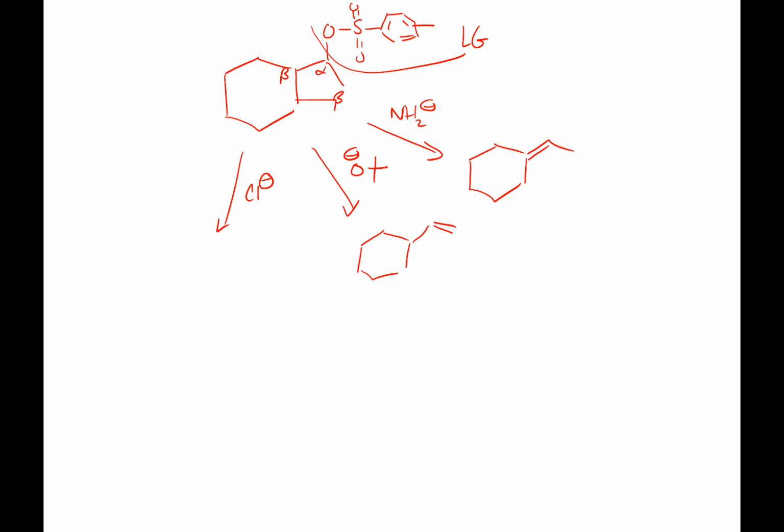So now this one's going to do an SN2 reaction. These guys did E2s. This is going to do an SN2 reaction, and I'm going to form the Cl. If there was stereochemistry involved, since this is going to do an SN2, I'd end up with inversion of configuration. Okay.